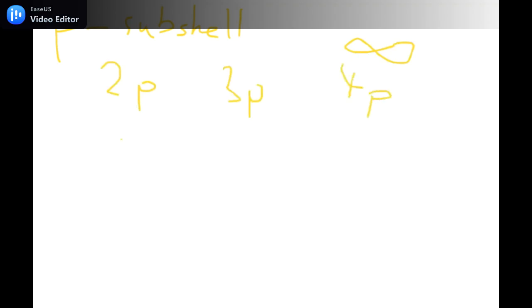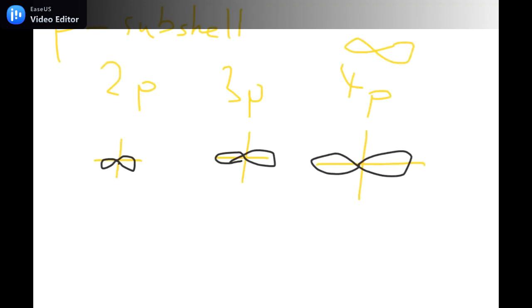And again, what's the difference between 2p, 3p, and 4p? So 2p will be, for example, like this, and 3p will be like this, and then 4p would be. So again, in 2p, 3p, and 4p, the difference is only of the size.